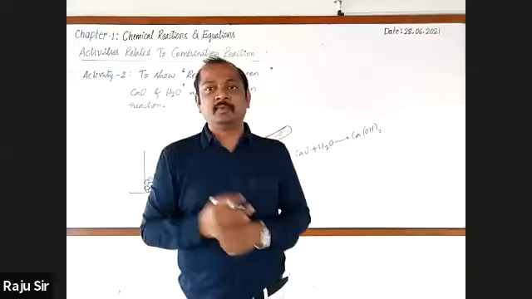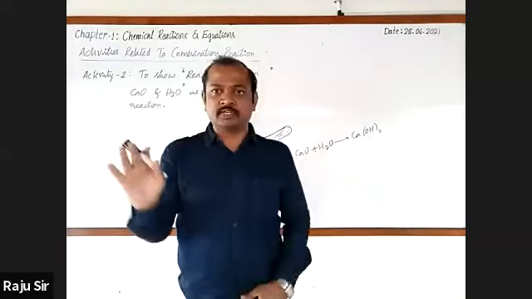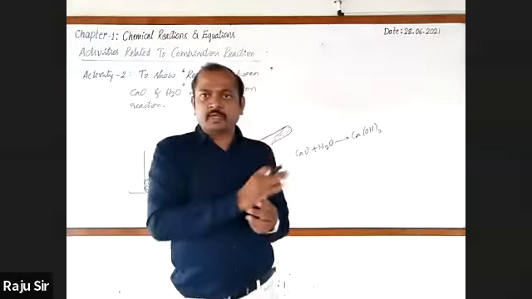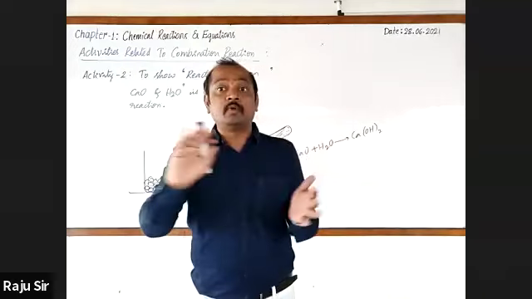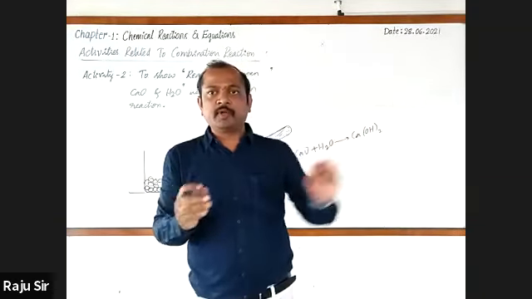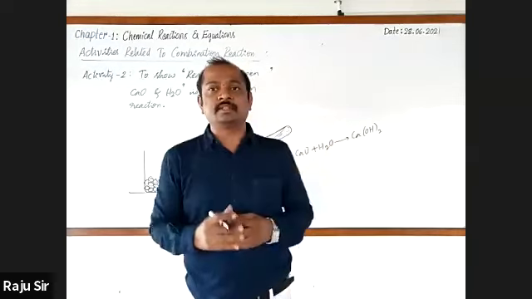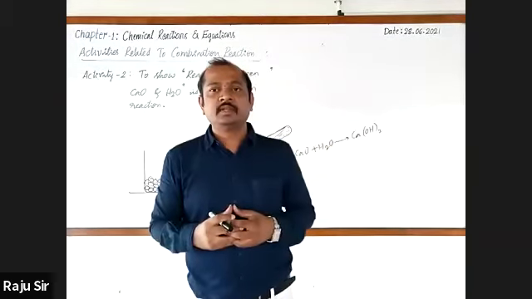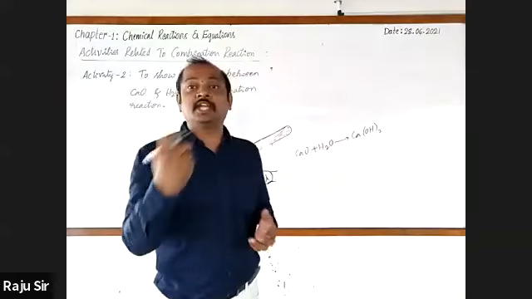Calcium hydroxide is used for whitewashing. Before painting, we go for whitewashing. At that time, we apply calcium hydroxide. Soon after applying calcium hydroxide, nobody goes for painting it. It is left for around 3 to 4 days as it is.